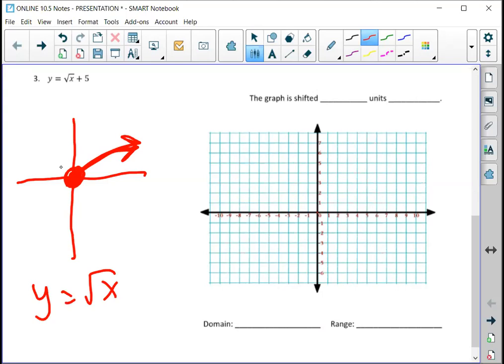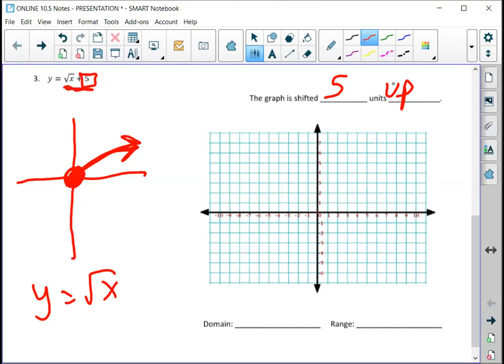So that starting point is identified with the numbers here. See how we have that plus 5 on the outside? That's what I was talking about earlier. That plus 5 is going to shift the graph 5 units up. Just like whenever we used to graph absolute values, if there was something added on the outside, we moved it up. And that's the same here.